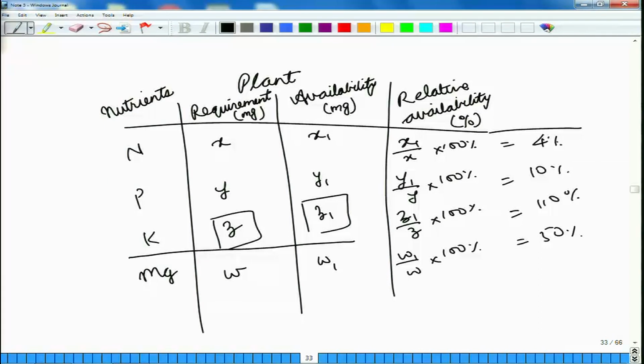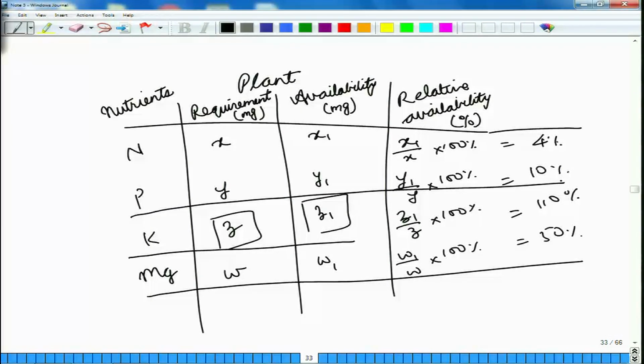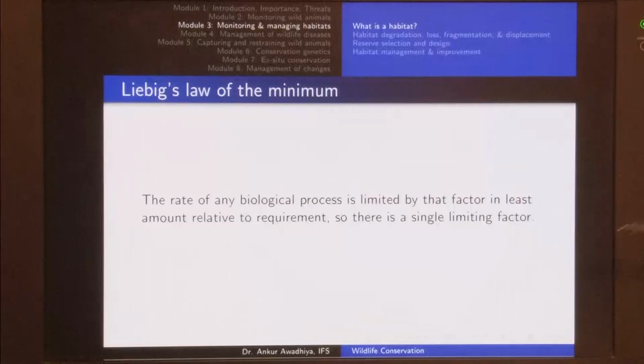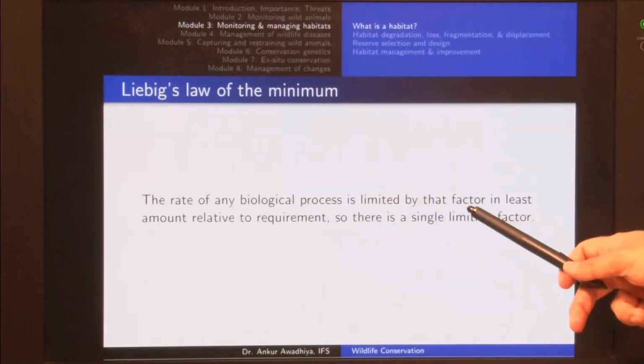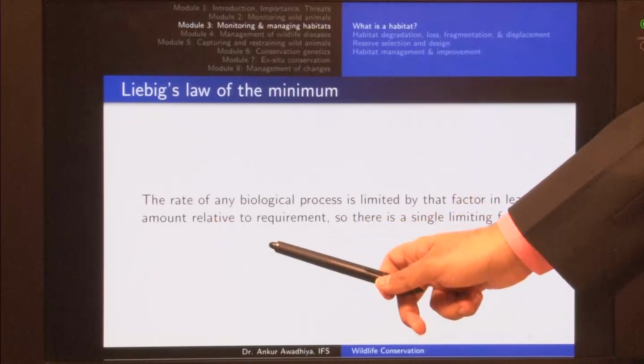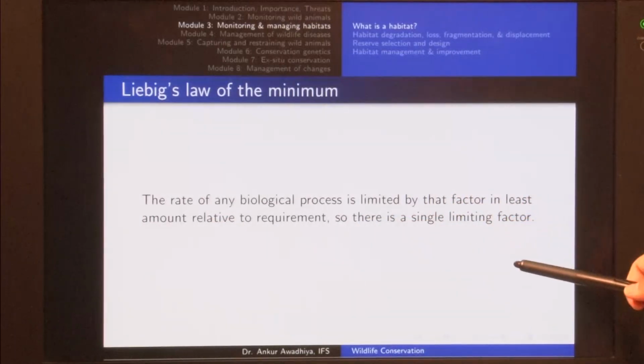Other resources are not available in plenty, but magnesium is available to a level of 50%, phosphorus is available to a level of 10% and nitrogen is available to a level of 4%. Now, in that case, the Liebig's law of the minimum would say that the rate of any biological process is limited by that factor in least amount relative to requirement, so that there is a single limiting factor.